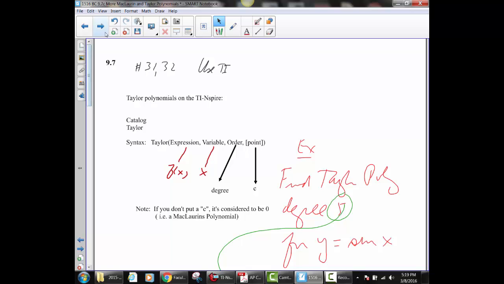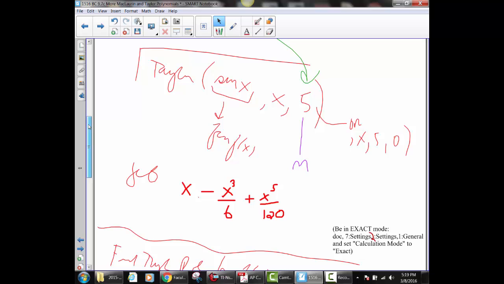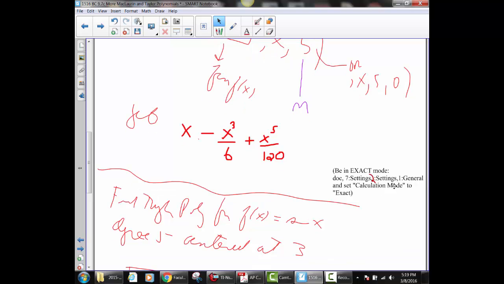Okay, so pretty straightforward. So here's another one. Taylor polynomial for sine x with respect to x of degree 5. You could put the 0, and this is Maclaurin's, and this is what you'll get. A couple of things. You'll want to be in exact mode for this.